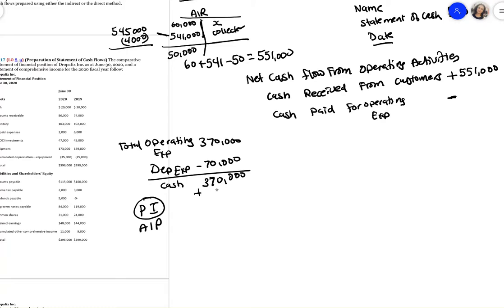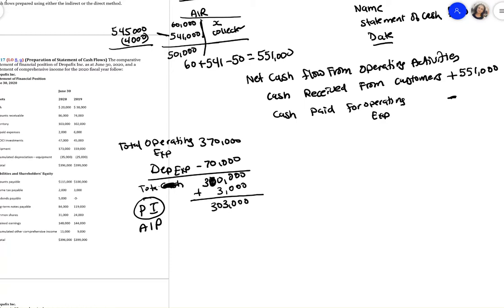You add to that my $3,000, which is your prepaid insurance. So once you adjust for that, all the expenses that we paid was 303,000.